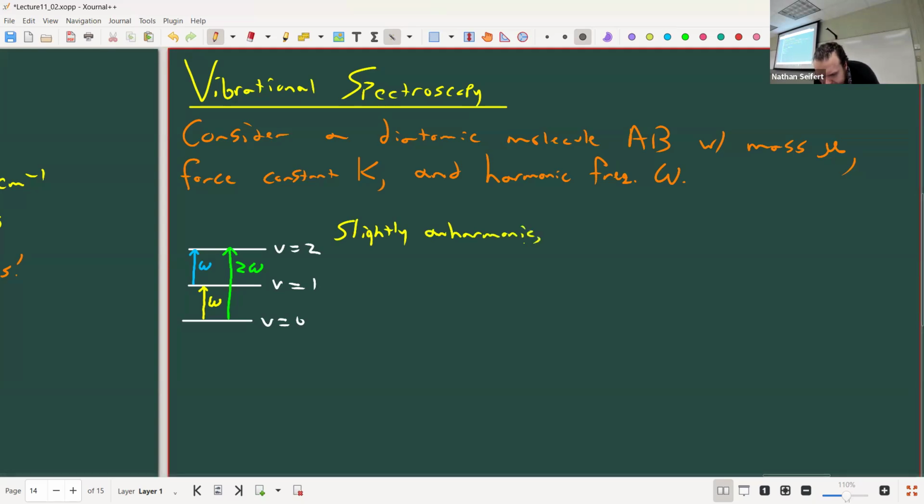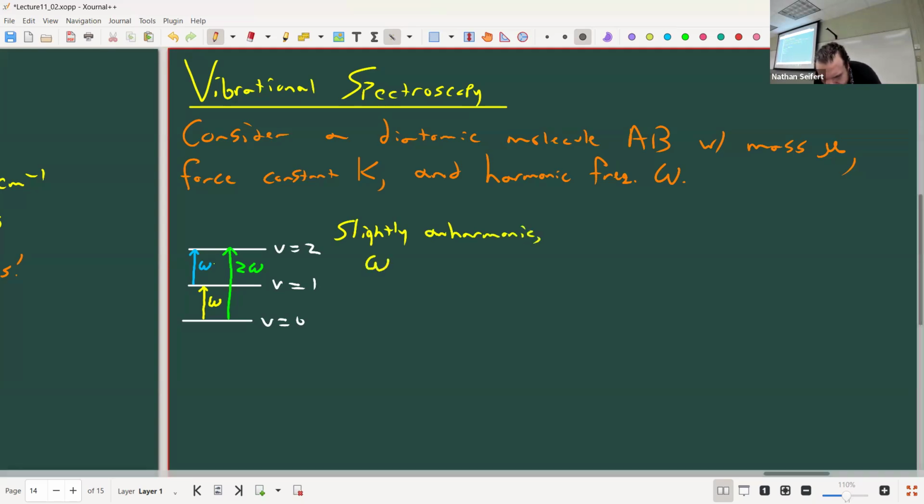Let me call these omega and omega prime, so that omega is not equal to omega prime. They're going to be slightly different. If this were perfectly harmonic, of course, they'd be the same, but because of the anharmonicity, the 1 and 2 levels are closer together than the 0 and 1. Those two transitions will be at slightly different frequencies.